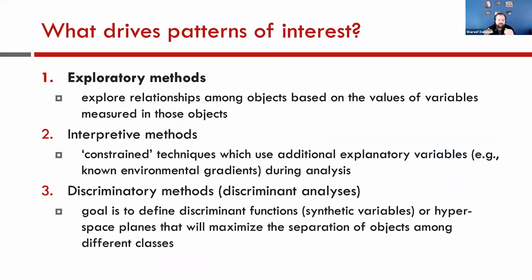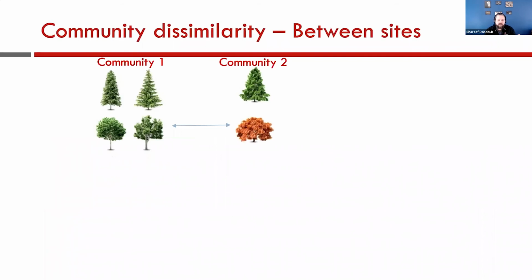And we'll go through each of these three, but there's exploratory methods, interpretive methods, and discriminatory methods. So the exploratory methods explore relationships among the organisms in the environment that we're interested in based on the values of variables measured in those objects. So for example, this is where we get into beta diversity, which we saw a little bit earlier when we were talking about QIIME.